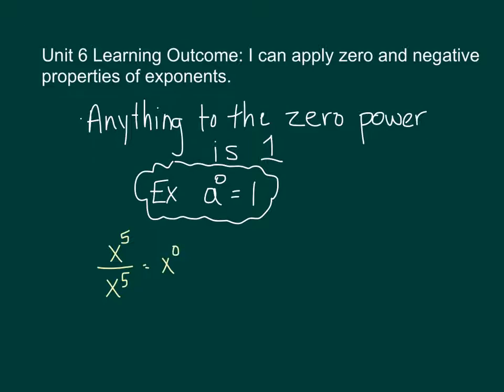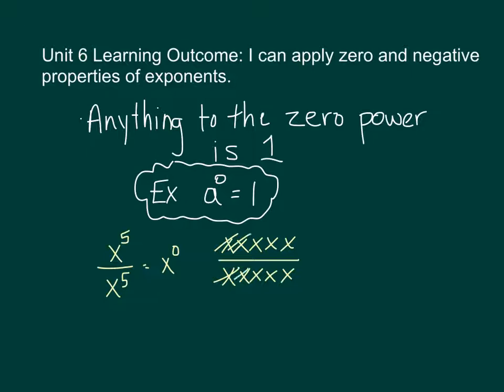Okay, another way to think about this, remember, is to write it out. We have 1, 2, 3, 4, 5 x's on top, 1, 2, 3, 4, 5 x's on bottom. Well, when we were canceling out factors in the numerator and denominator before, we were saying, hey, that makes 1.